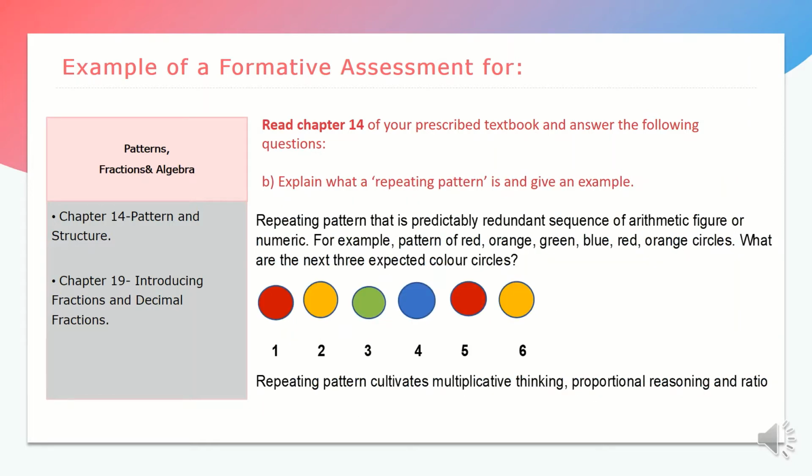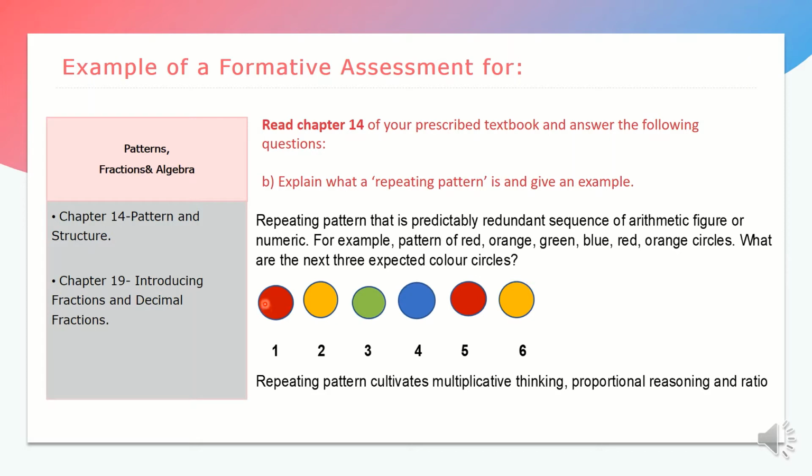Okay. For the second question, explain what a repeating pattern is and give an example. A repeating pattern is a predictable sequence of arithmetic figures or numerics. For example, a pattern is red, orange, green, and blue, red, orange. What are the next three expected colored circles?